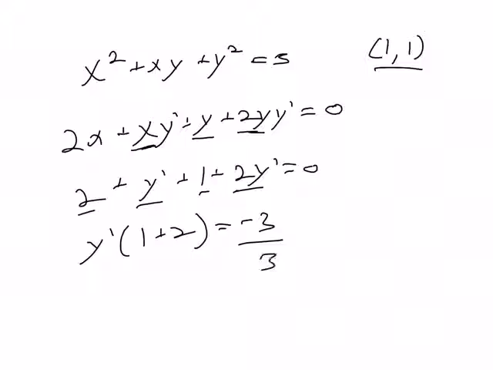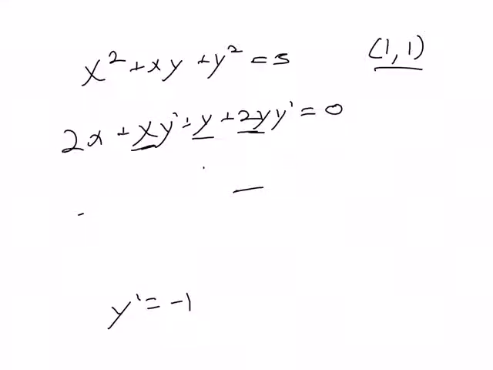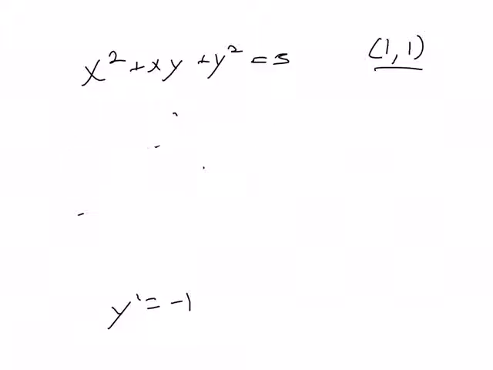So we divide over here by 3, so we get y prime is equal to negative 1. So that's the slope of our tangent line to this ellipsoid. And then we just use the equation of the line, y minus 1 is equal to negative 1 times x minus 1, and that's okay. Next problem, we do the same thing.